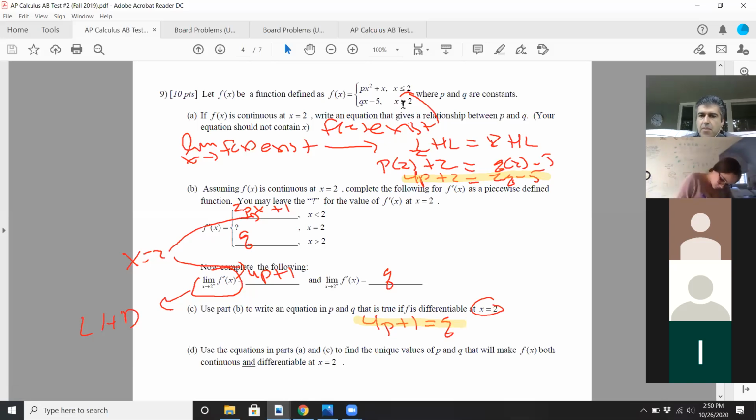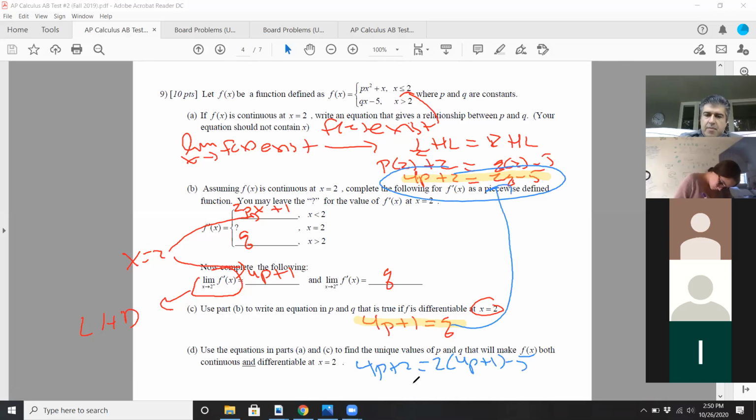Oh, part D, sure. I'll go over part D. So you do substitution. I don't want to move the screen right now, but 4p plus 2 equals 2 times (4p plus 1) minus 5. So this right here is my first equation. I'm just doing substitution. Clean it up, you get 4p plus 2 equals 8p plus 2 minus 5.